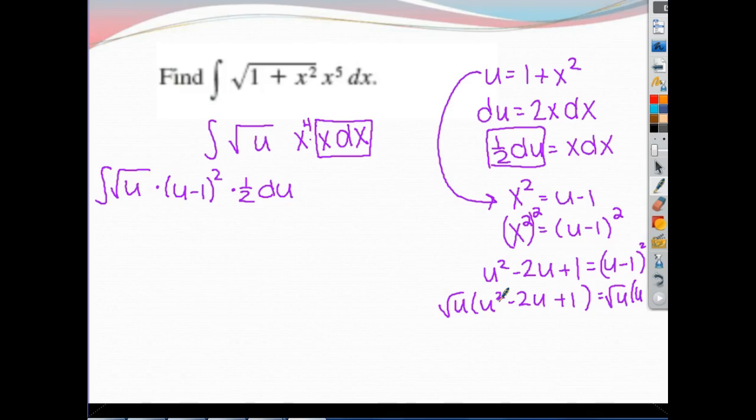What do you do with your exponents? You add them. So 2 plus a half. One plus a half. What do I want to do with this ugly fraction? Bring it out in front.